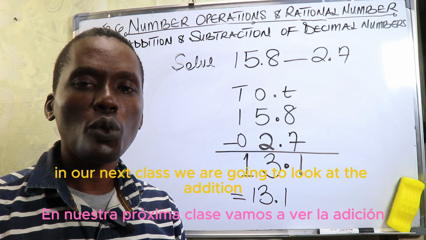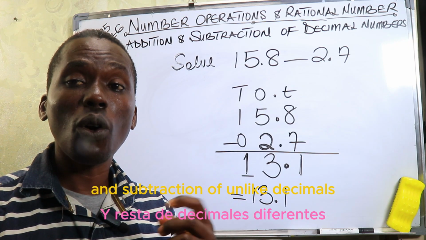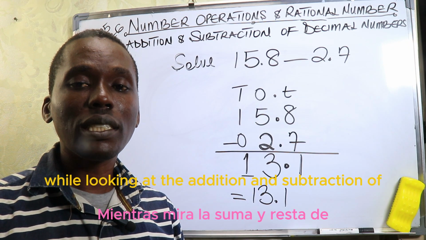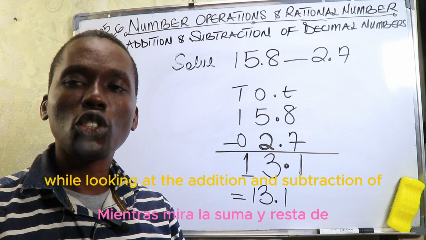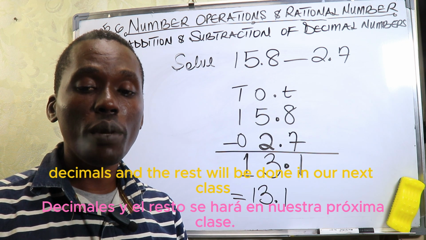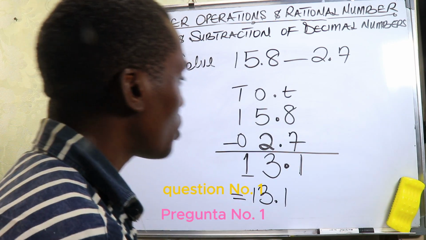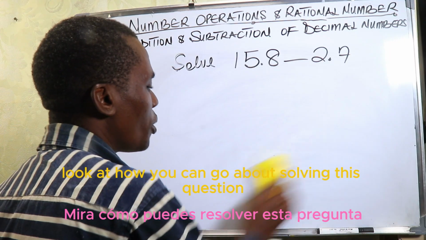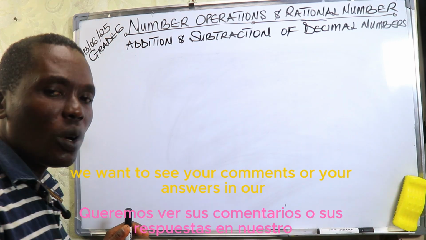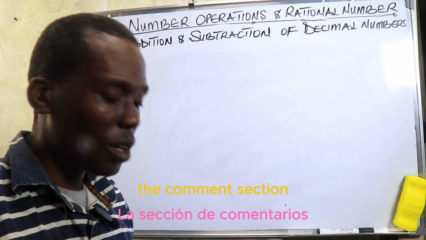In our next class, we are going to look at the addition and subtraction of unlike decimals, and the rest will be done in our next class. So try this one. Question number 1, look at how you can go about solving this question, and then we'll want to see your answers in the comment section.